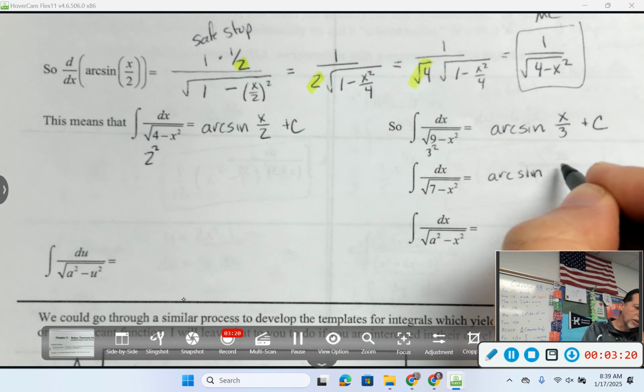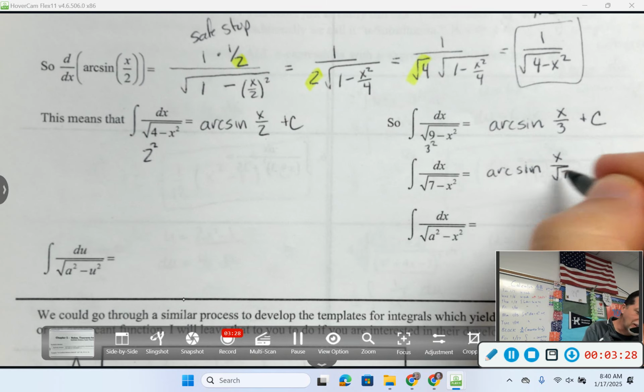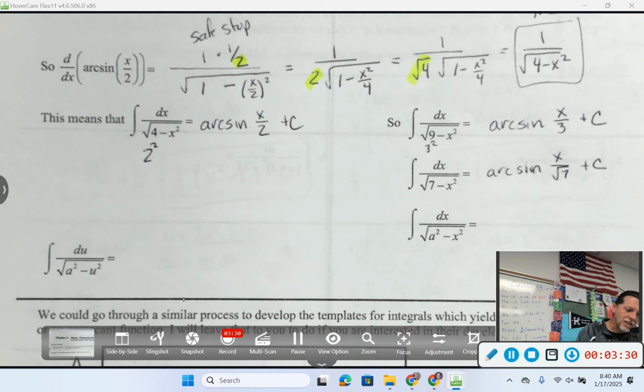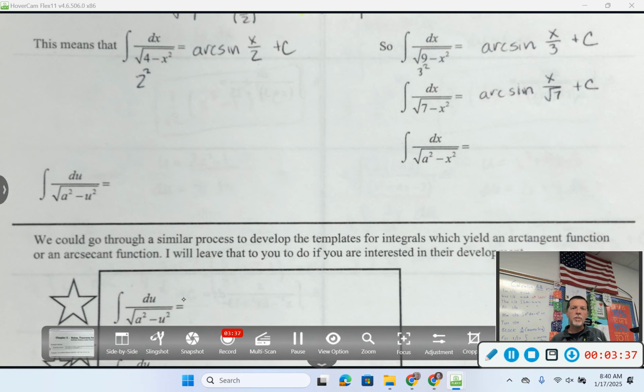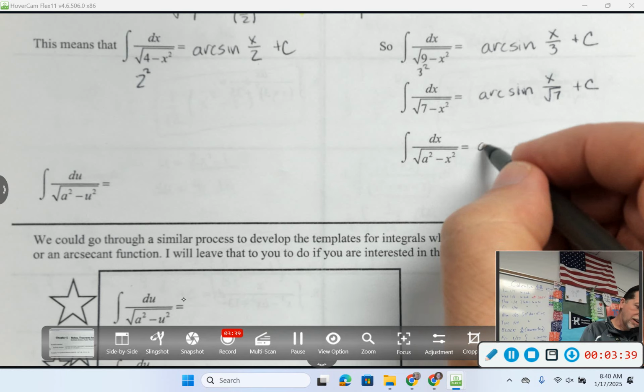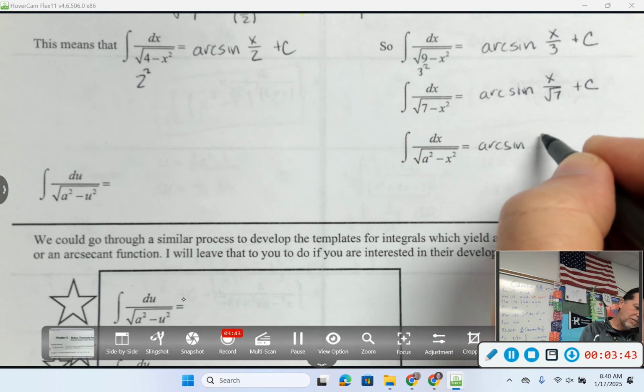How about this next one? Square root of 7. I'm getting kind of weird, but that's fine. X over square root of 7. What about the next one? Arcsine of x over a.